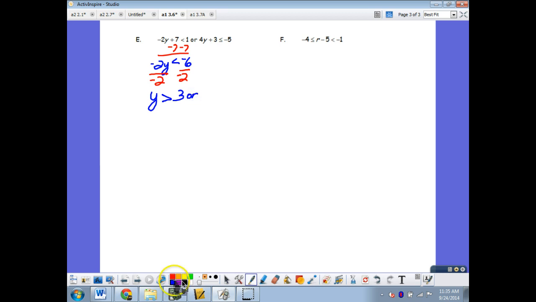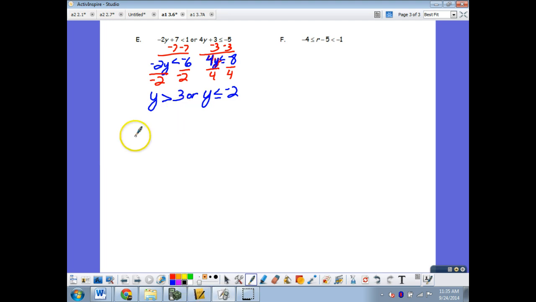And then we'll solve the other piece. Subtract 3 first. So 4y is less than or equal to -8. And then when we divide this by +4, since we're dividing both sides by a positive number, we do not flip the inequality, so it stays less than or equal to, and we end up with -2.